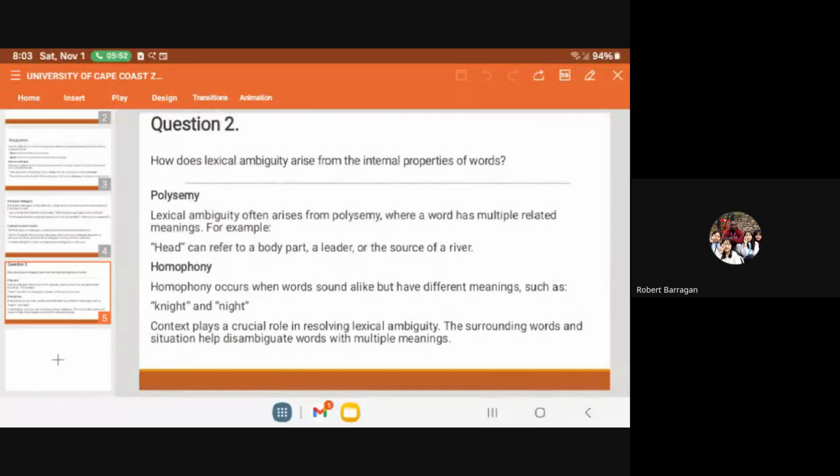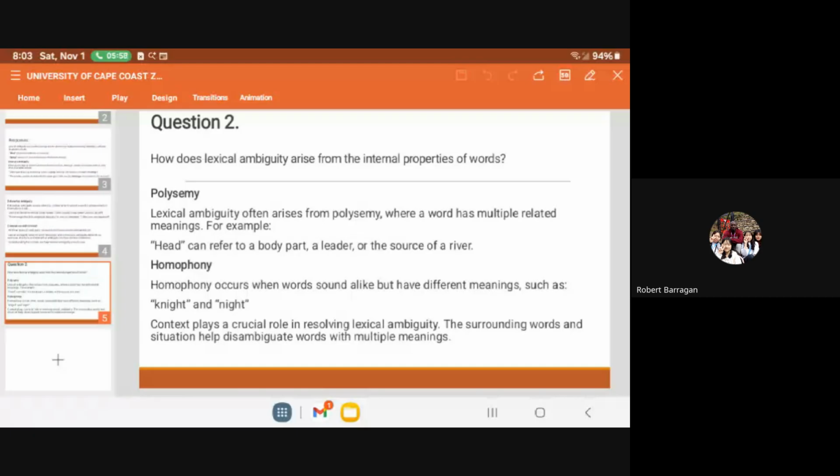For example, the word head can refer to a body part, a leader of an organization, or the source of a river. So if the word is not used in the right context, this internal property of a word being polysemous could create ambiguity. Another internal property of words that causes ambiguity is homophony.